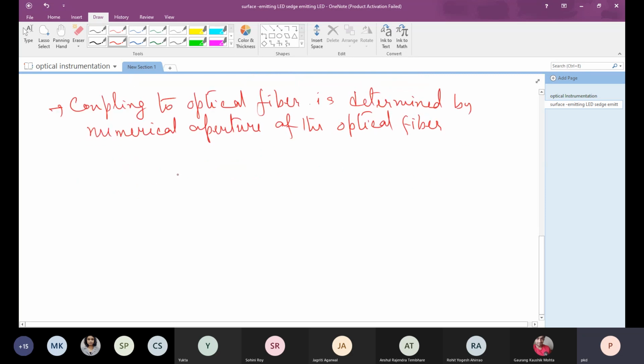Which is given by the numerical aperture of the optical fiber. So this is the core and that is the cladding. So there will be an acceptance angle corresponding to the theta critical, whereas there will be total internal reflection here.